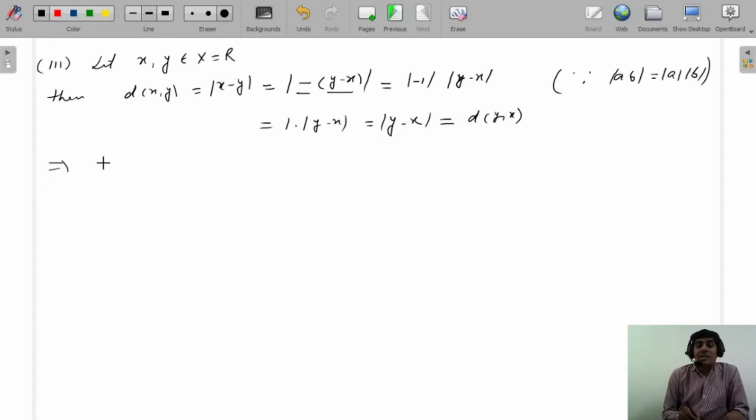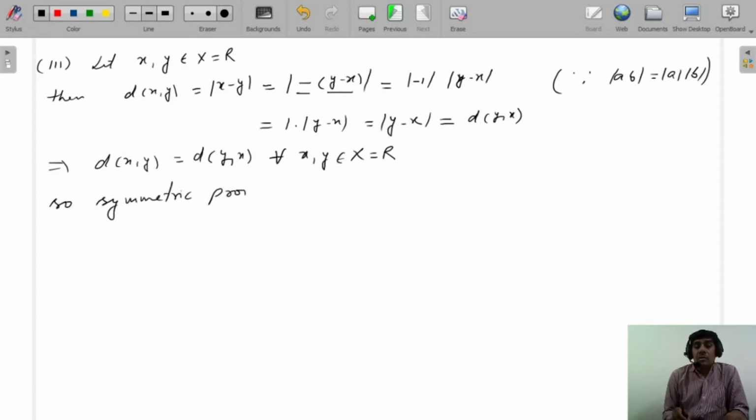This implies d(x,y) is equal to d(y,x) for every x, y belonging to capital X is equal to R. So the symmetric property is satisfied.